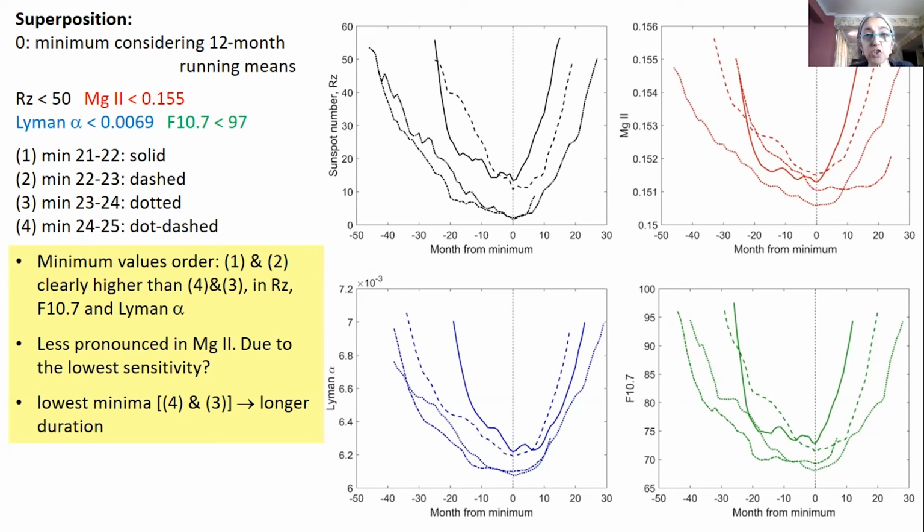And solid line is for the first minimum. Here you have the code. Dashed for the second minimum, that is the one between cycles 22 and 23.